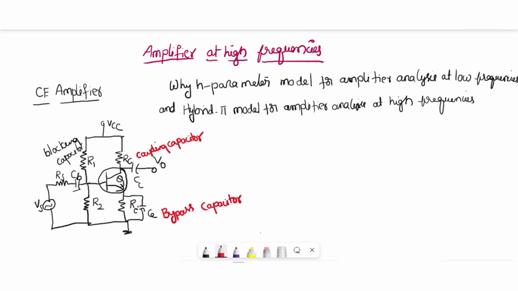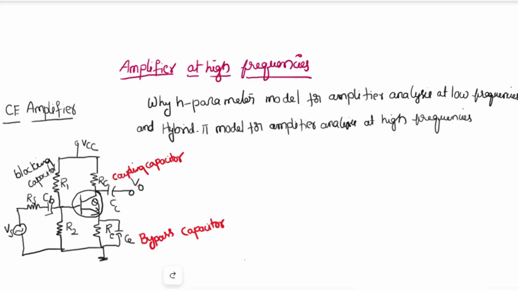Along with these external capacitors, we have another two capacitors internal to the transistor. Those capacitors are, let me keep the terminals, base, emitter, collector. The capacitor between base and emitter, CBE, and the capacitor between base and collector, that is CBC.